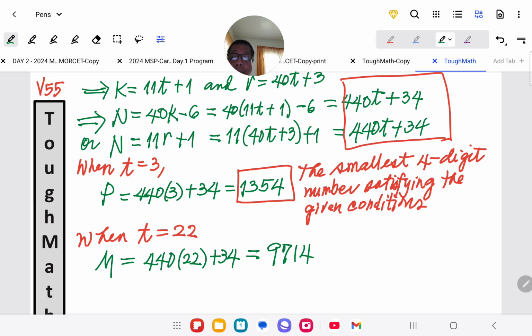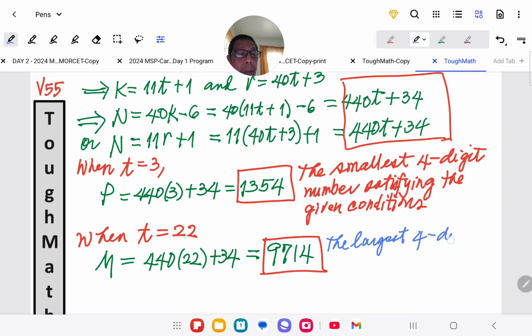This is the largest because when you increase t to 23, it will now be more than 10,000, which is a 5-digit number. So this is now our result, the largest 4-digit number satisfying the given conditions.